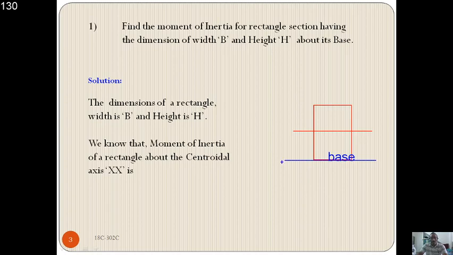The base axis will be denoted as the BB axis for our convenience, or you can also call it the A axis, just for similarity I am taking it as the BB axis. And the centroidal axis will be x-x.